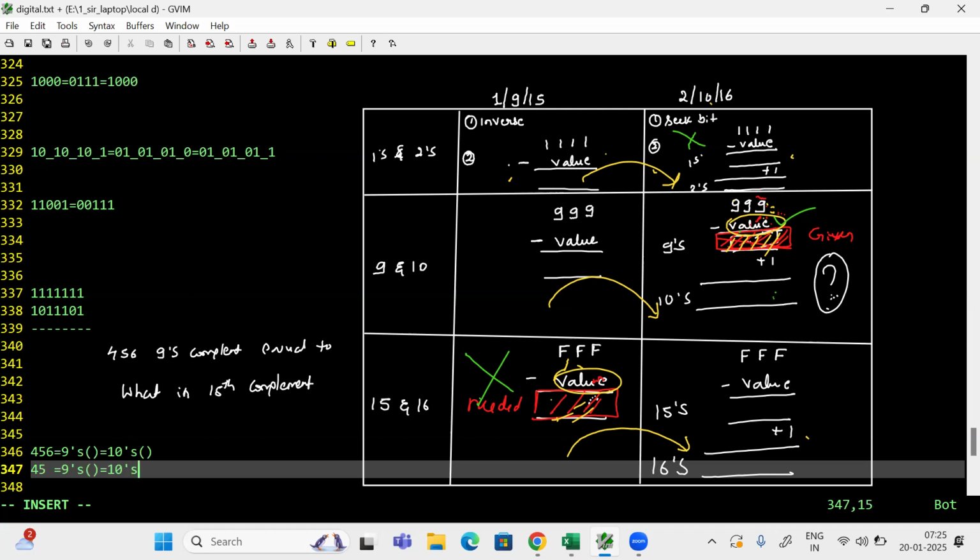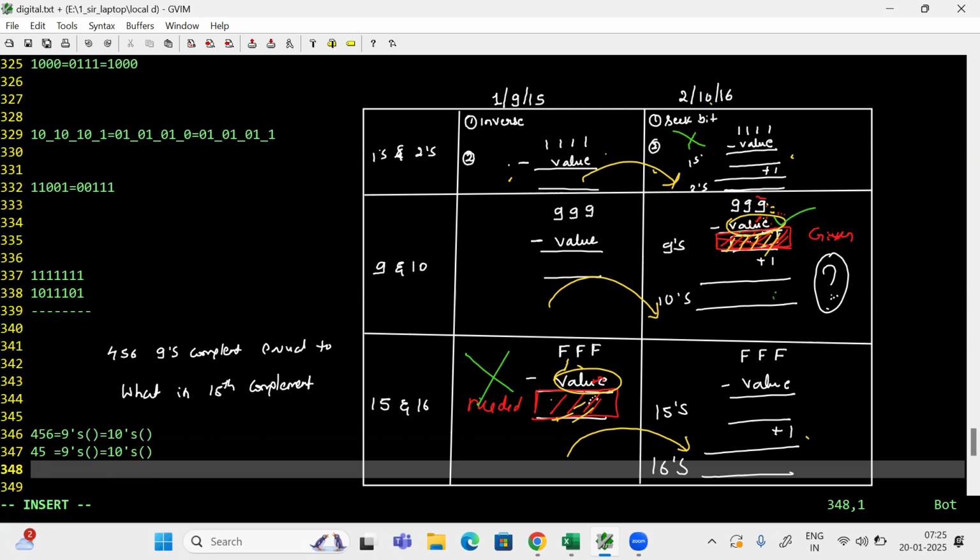What are your tens? The same 45. I want in your 15s and your 16s complement.